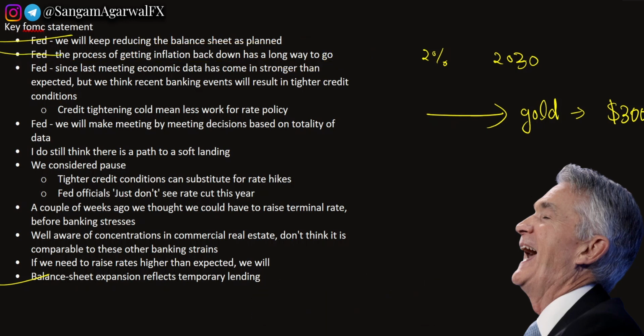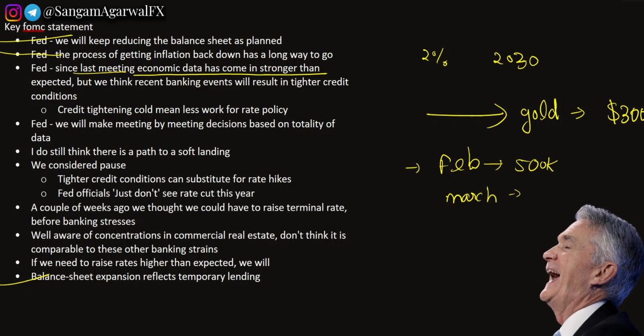And another statement was, he said economic data came in stronger than expected since the last FOMC meeting. So this week was the March FOMC meeting, and before that was the February FOMC meeting, and we all know that the 500k NFP came after the February FOMC meeting.